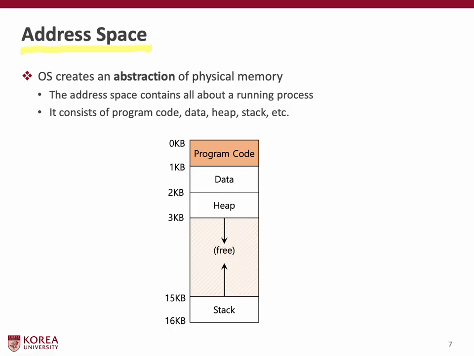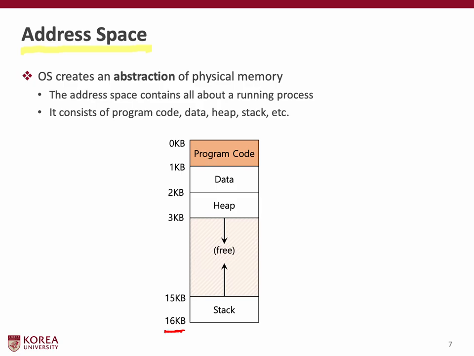And in this example, we assume the total size of the address space for each process is only 16 kilobytes for simplicity of explanation. But actually, the real address space of a process is much larger than this one.